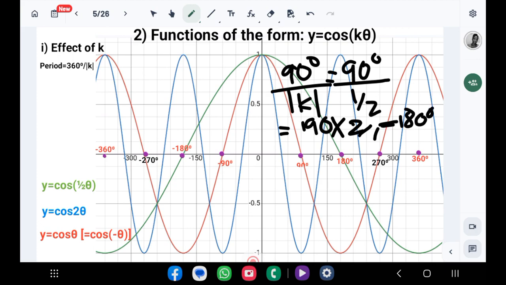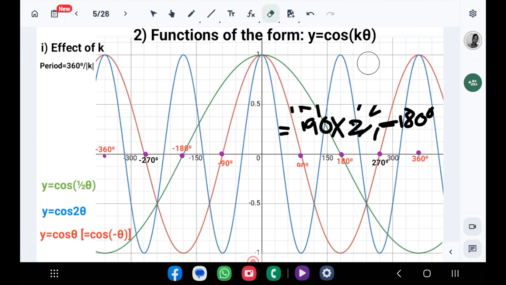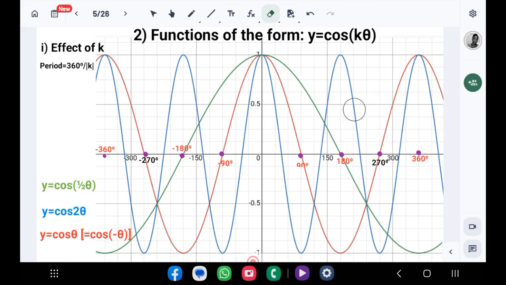So that is how you now know what your milestones are going to be like. So all you do now is count every 180 degrees, and you must have a milestone. And that's how you duplicate that graph that has a period that varies depending on what your K is.